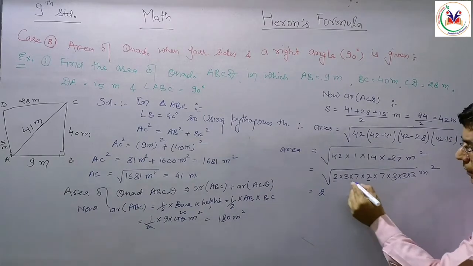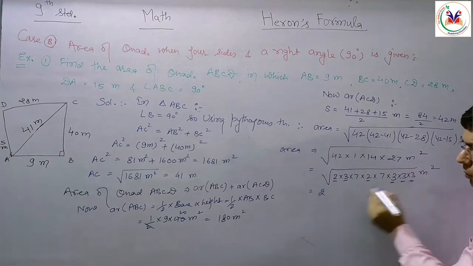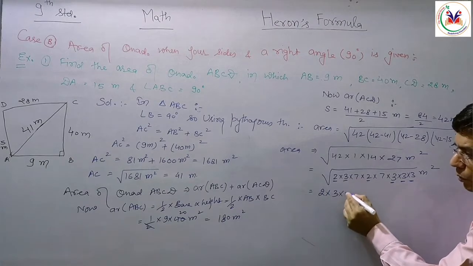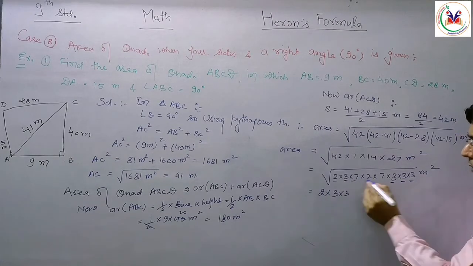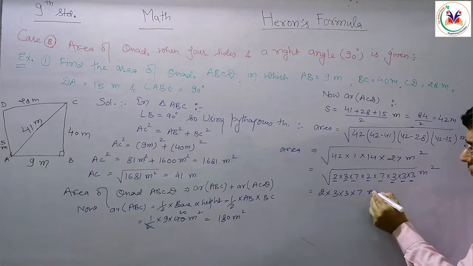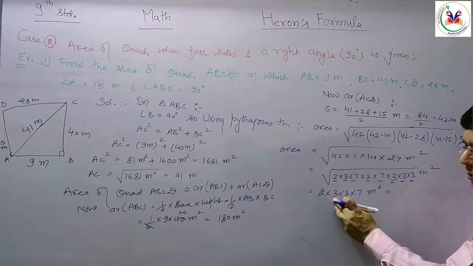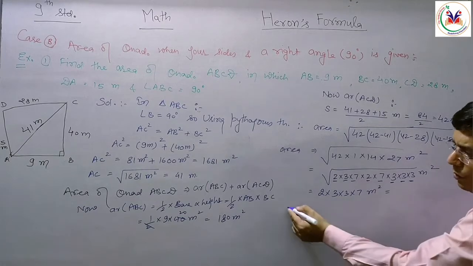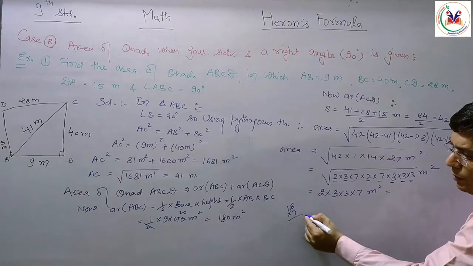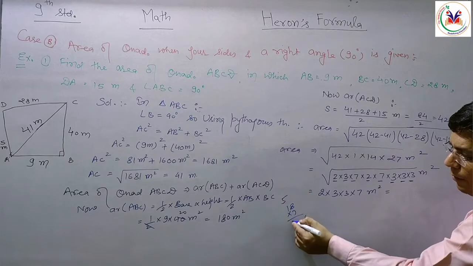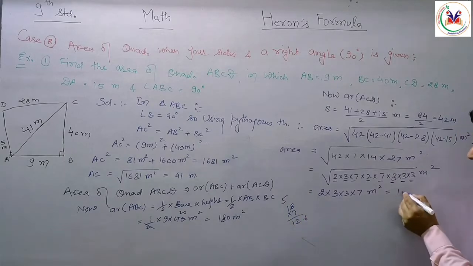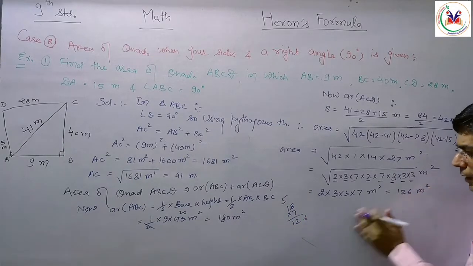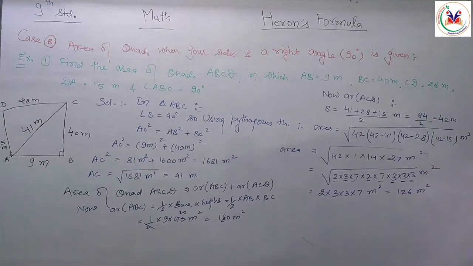Again 1, 2, 2 times है, we should take it outside of the square root. One time we should write 1, 2, 3, 4. That means 2 times बाहर आएगा. Now 7 और 7 2 times है तो 7 meter square. 2 3 is 6, 6 3 is 18, 18 into 7, so that will be 126 meter square.